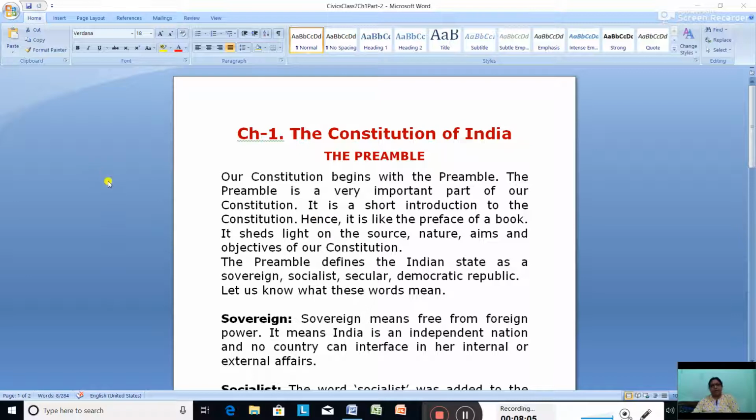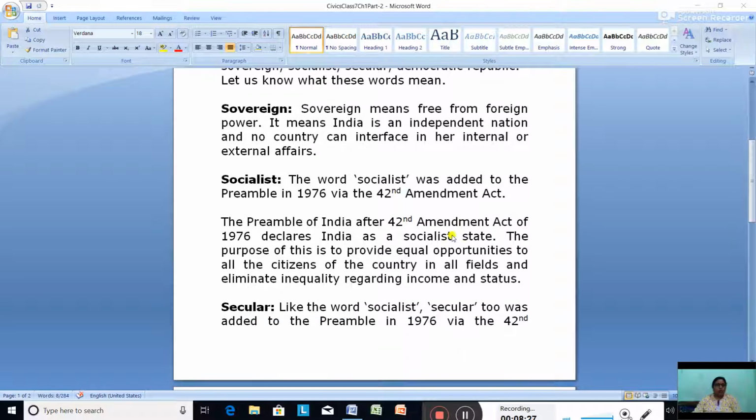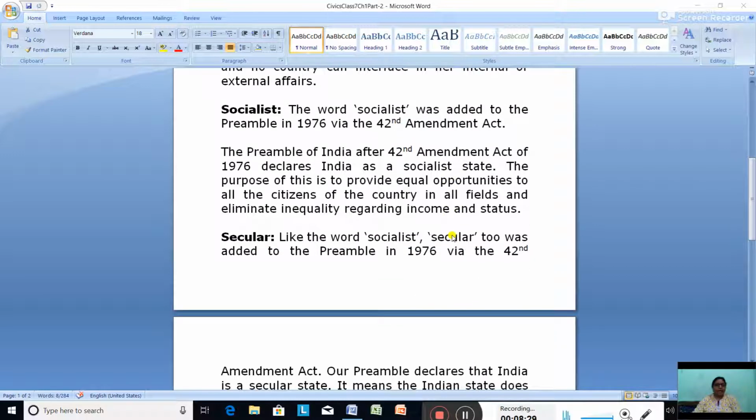Then I said that the preamble defines India as a sovereign, socialist, secular, democratic republic. Then I explained that sovereign means India is an independent nation and no country can interfere in her internal or external affairs. The two new words added to the preamble are socialist and secular, in 1976 via the 42nd Amendment Act.